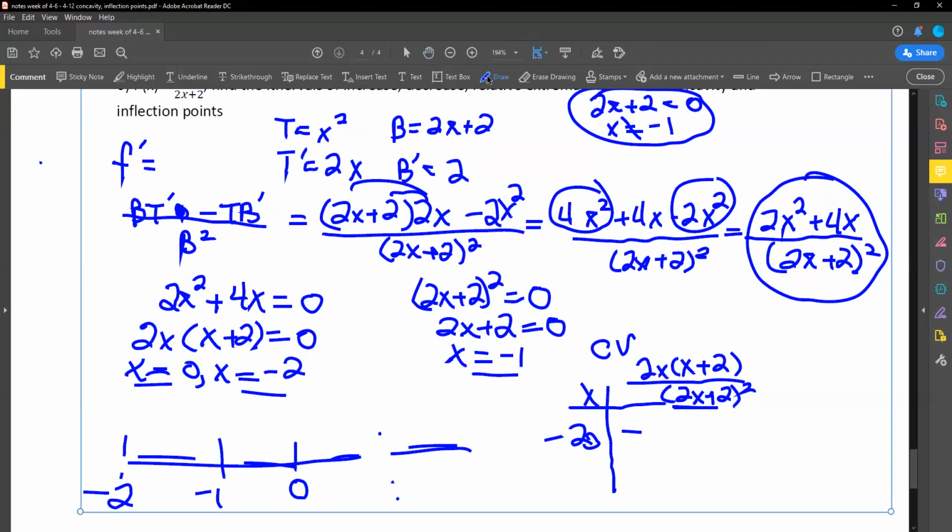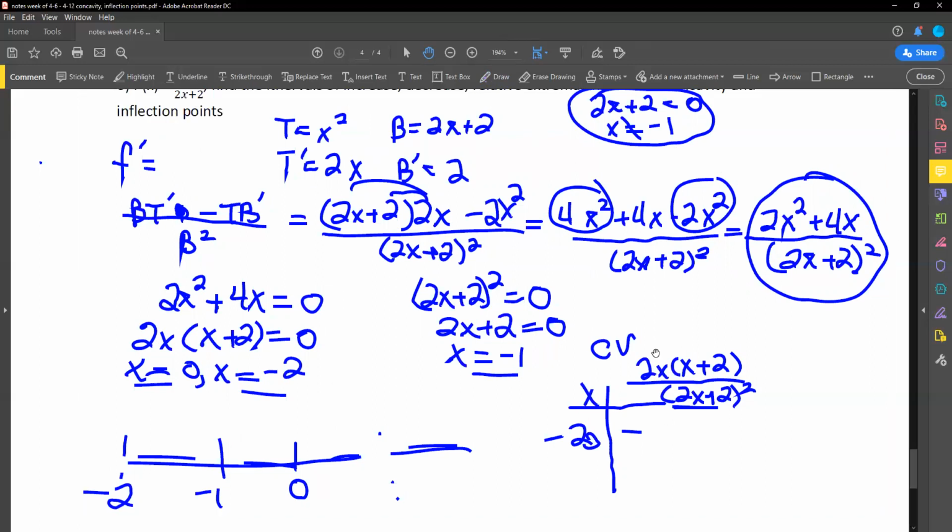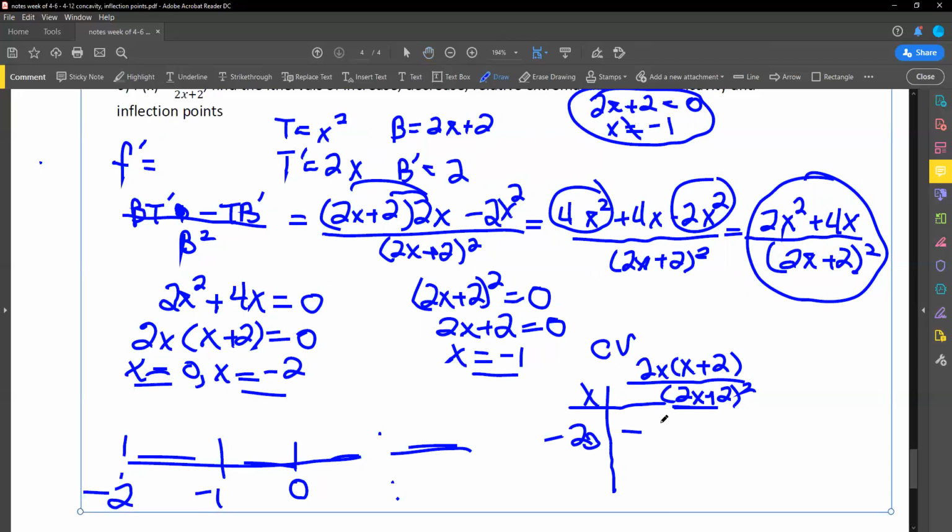So we don't care about the bottom in this case. If you plug -3 in there, you're going to get a negative times a negative. Sorry, pen problems. Negative times a negative over a positive, well, that's going to be positive. So I know that this region is positive, down all the way out here.